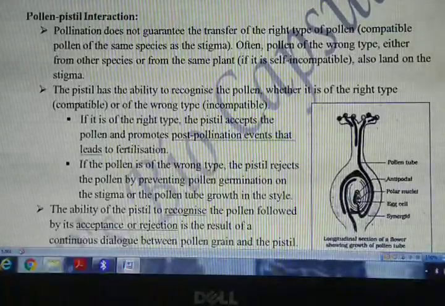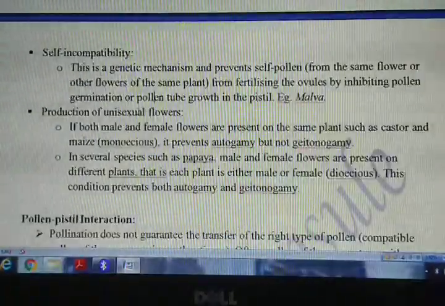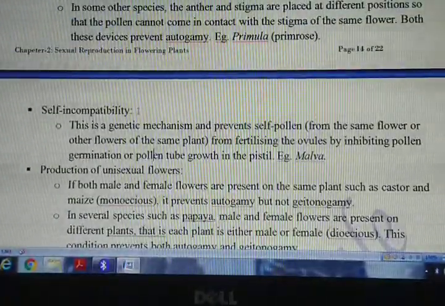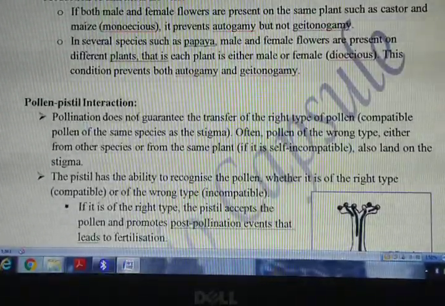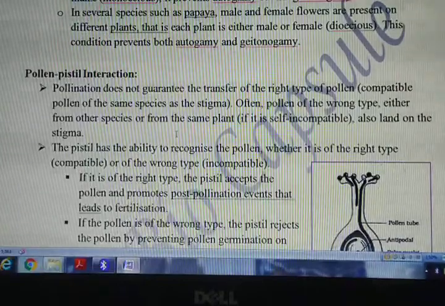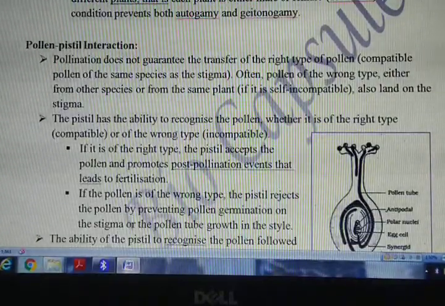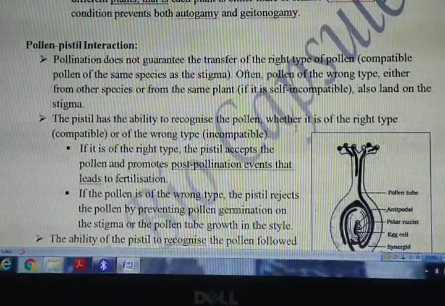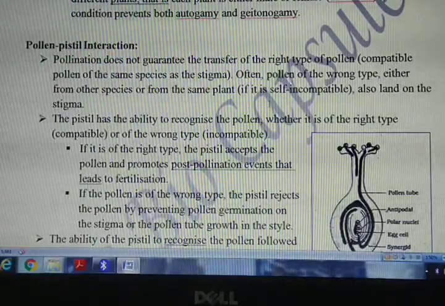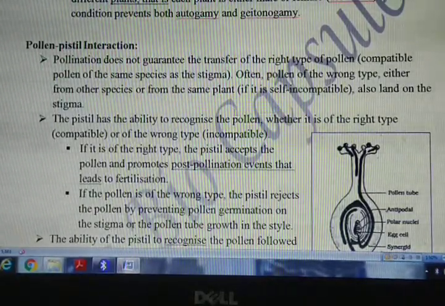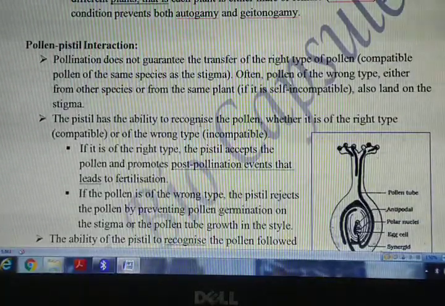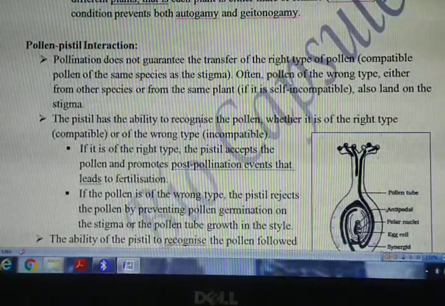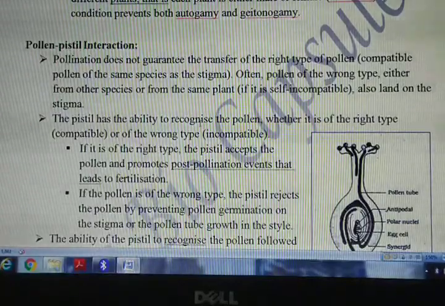This is a genetic mechanism in which the pollen grain produced from the same plant is not accepted by the stigma. So as a result, that becomes self incompatible, and it is not allowed to germinate, not allowed to extend its pollen tube and grow towards the ovary for fertilization.